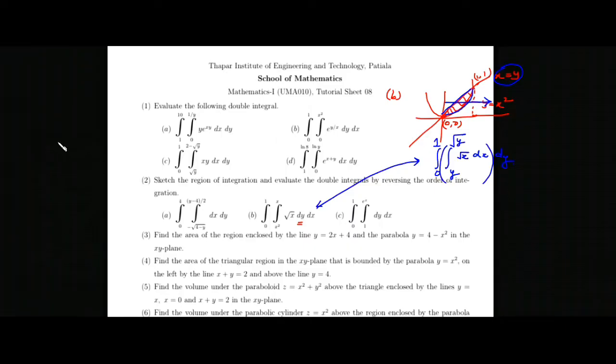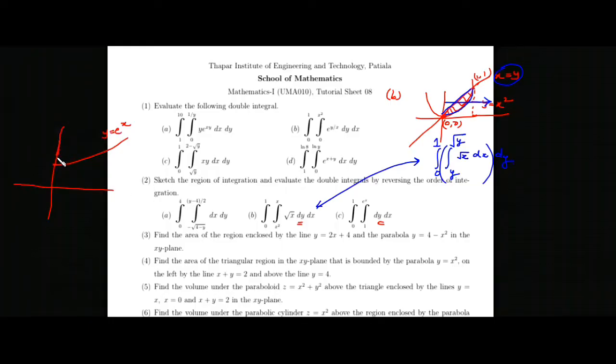Now similarly, in the third part, the limits for y is 1 to e to the power x, and the limits for x is 0 to 1. Now just see, this is your y is equal to e to the power x graph.